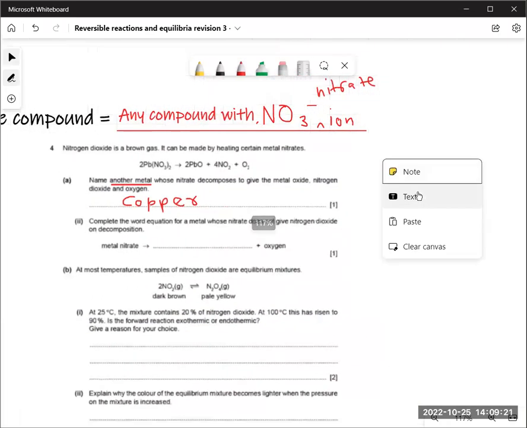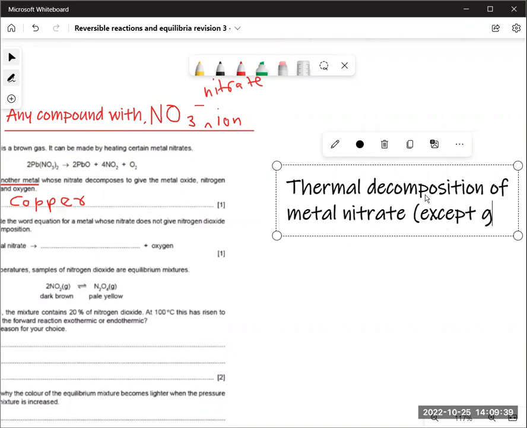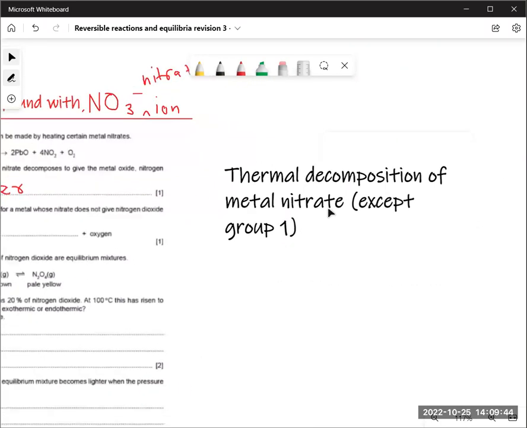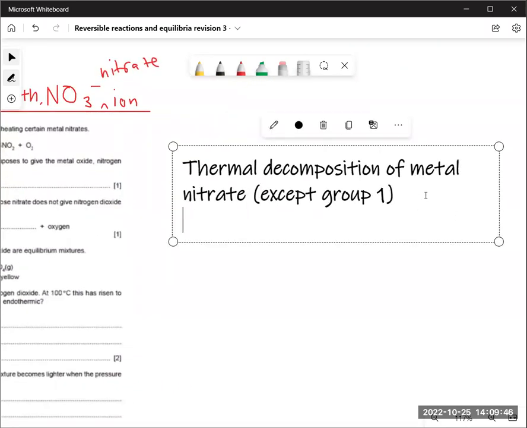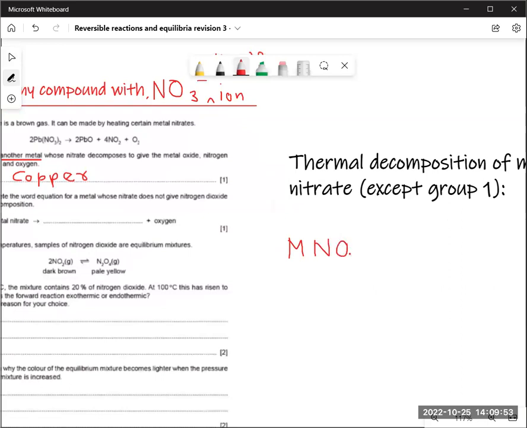Now please write this in your notebook: thermal decomposition of metal nitrates, except group 1. The answer is always going to be M NO3.